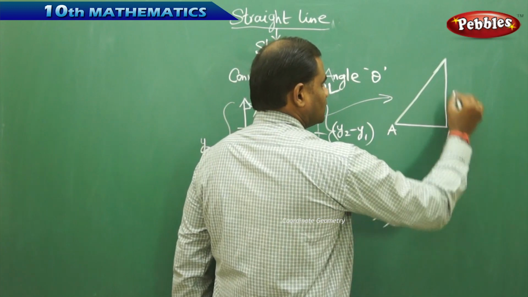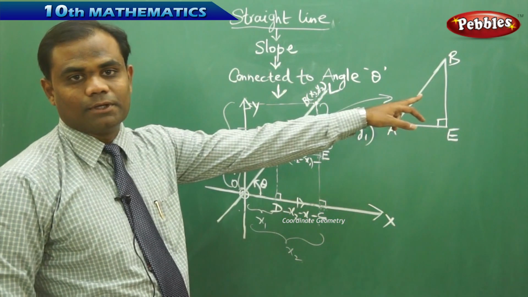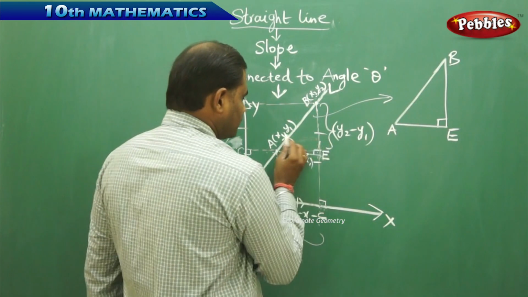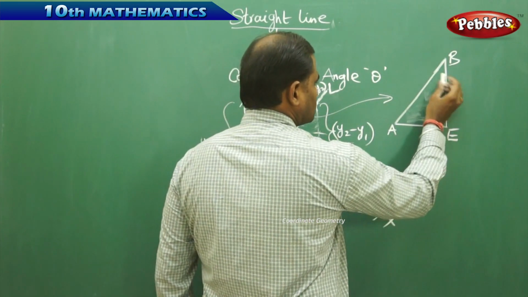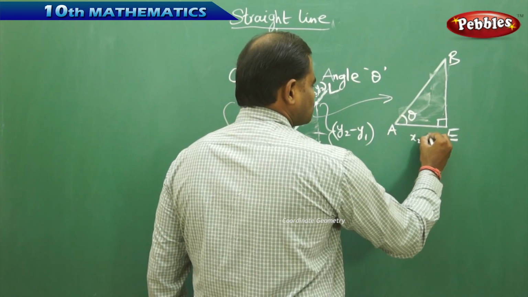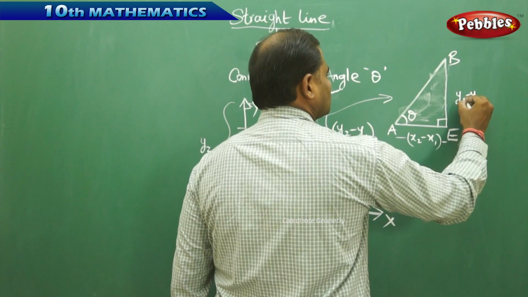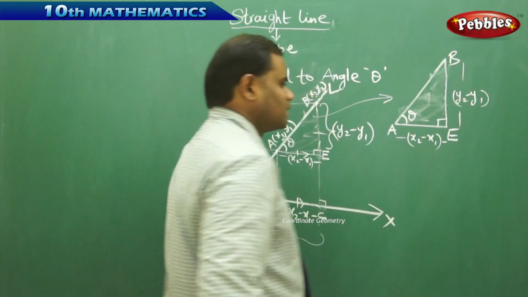AEB is a right angle triangle. In this right angle triangle AEB, the angle here is theta, this side is x2 minus x1, and this is y2 minus y1.